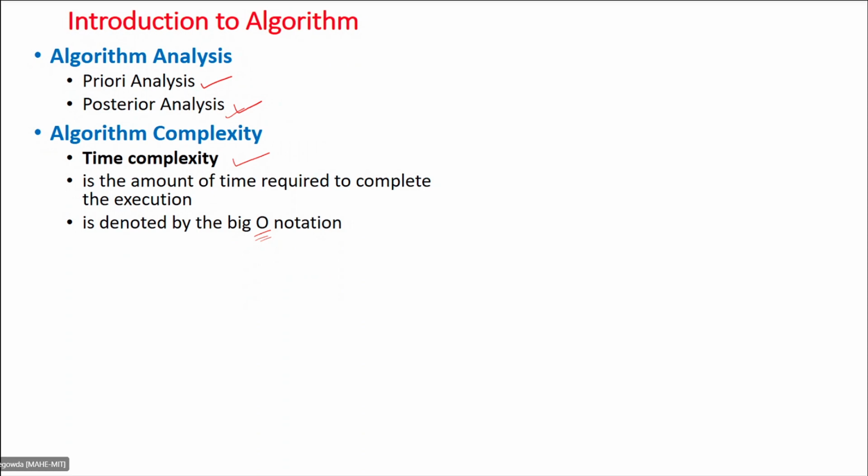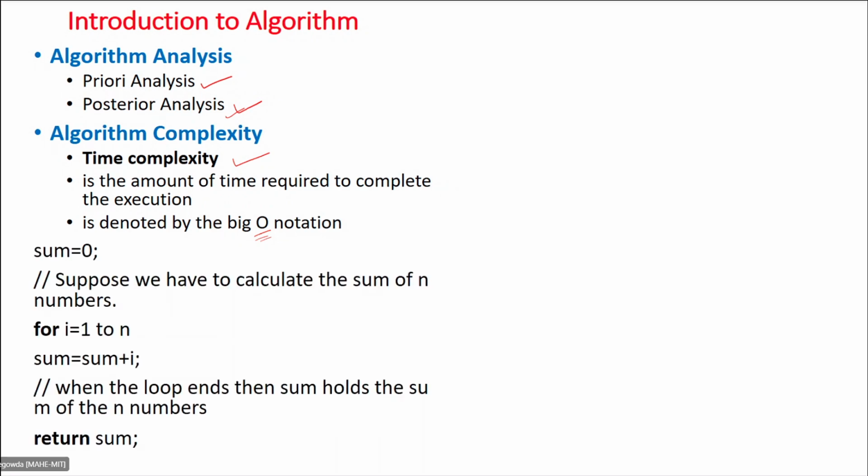The time complexity is merely calculated by counting the number of steps to finish the execution. That means by counting the number of instructions in the program, it is possible for you to analyze the time taken by all the instructions in the algorithm. So let us consider an example.